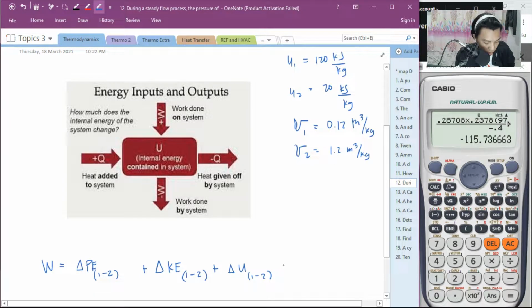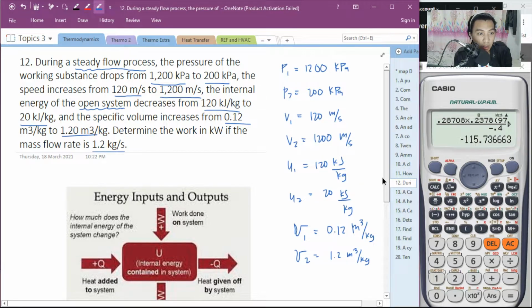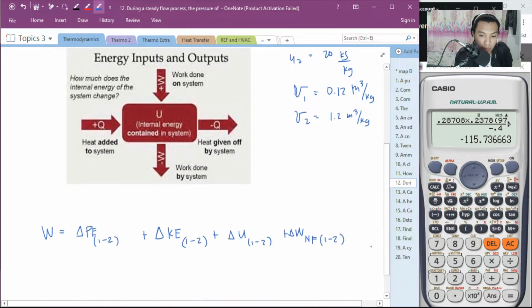Then you have here the non-flow work, the change in work from 1 to 2. Then, is there any heat given off there? Okay, there's no heat. So, plus heat, Q.